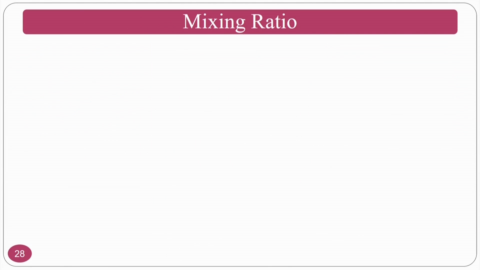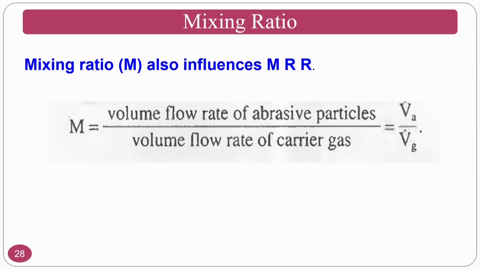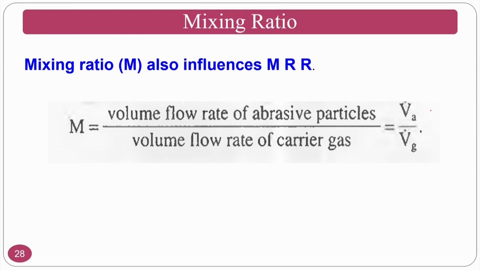Next is the mixing ratio. The other keyword here is the mixing ratio, that is nothing but the volume flow rate of the abrasive particles to the volume flow rate of the carrier gas. That means you have two things here, one is the gas, another one is the abrasive particles. If the mixing ratio is very high, your abrasives are higher in number compared to your carrier gas.